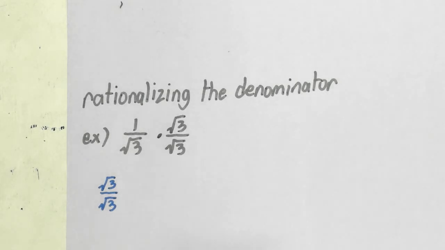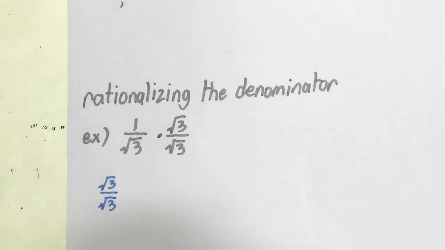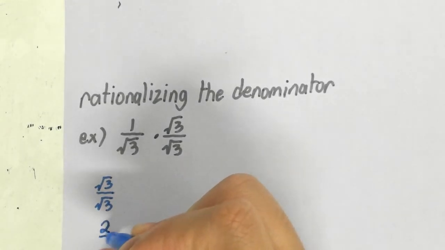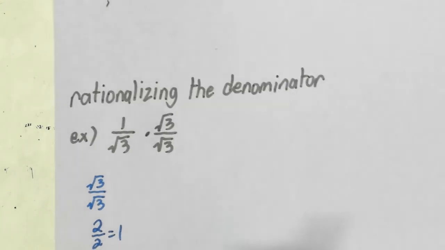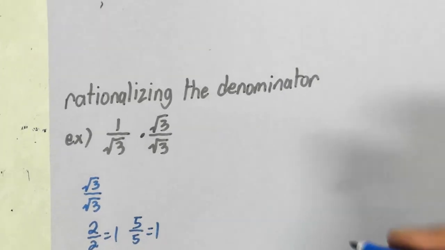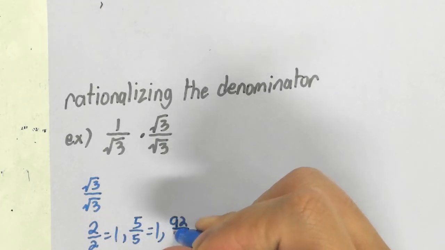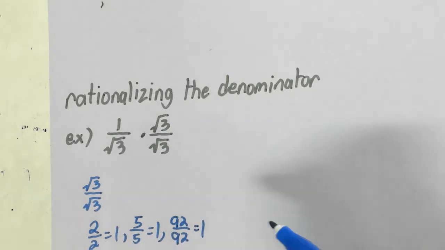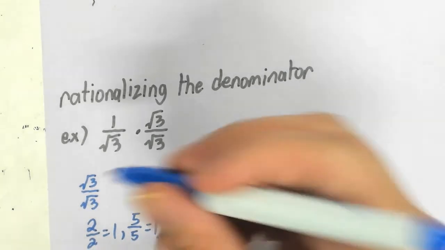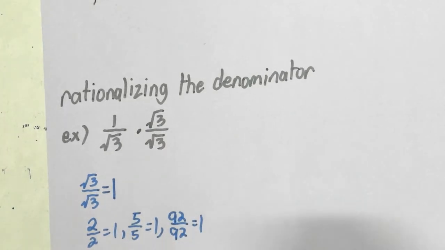So I give them this example. 2 divided by 2 is 1. 5 divided by 5 is 1. 92 divided by 92 is 1. When you divide a number by itself, that equals 1. So square root 3 divided by square root 3 equals 1.